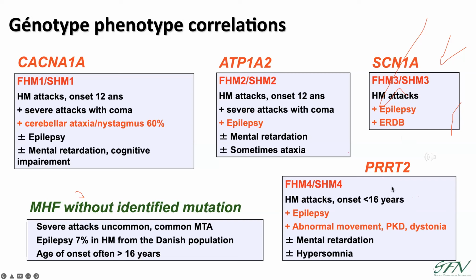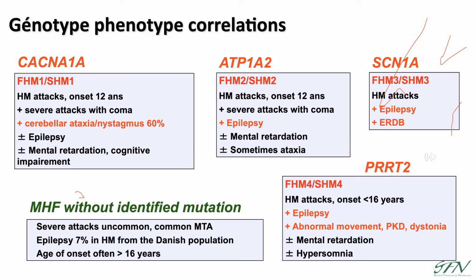And then in patients with PRRT2 mutations, the onset is below 16 years of age. They can have epilepsy, and they can also have abnormal movements, like attacks of dystonia or what is called paroxysmal kinesigenic disorder.